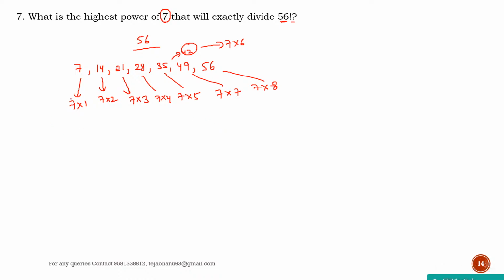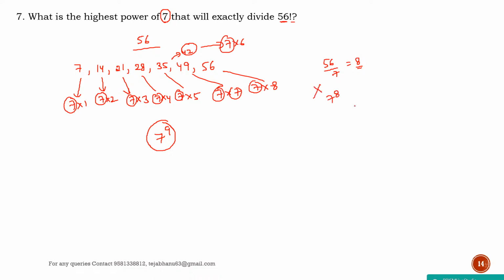Now have a look: 1, 2, 3, 4, 5, 6, 7, 8, 9. That is 7 power 9 is the answer. Many of us think 56 by 7 is 8, so we can take it as 7 power 8, which is wrong.